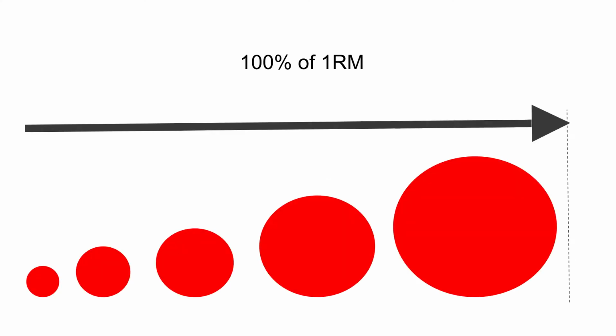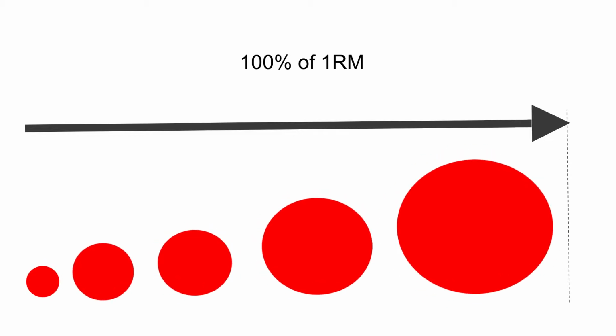First, let's deepen our understanding of load. When we refer to 1 RM, we are talking about the maximum load we can lift for 1 rep, which equates to 100% effort. 100% effort means that we are recruiting everything available to us to move the given weight.